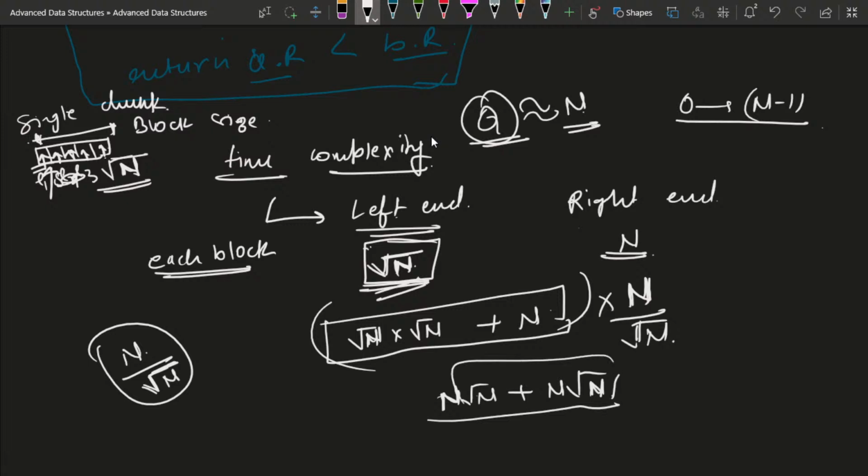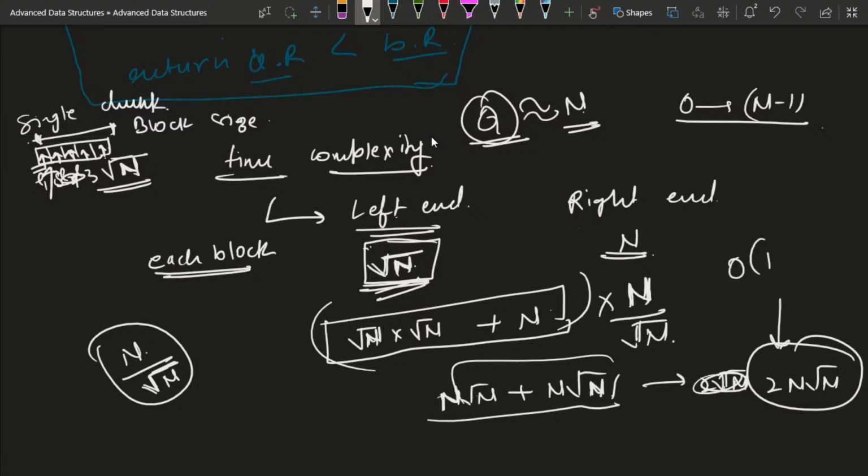So this comes out to be 2 n root n, and this is the time complexity, or you can just write it as order of n root n. So this is the Mo's algorithm, and this is all about its time complexity.